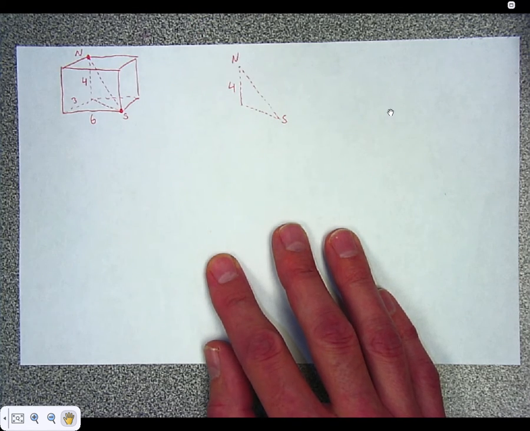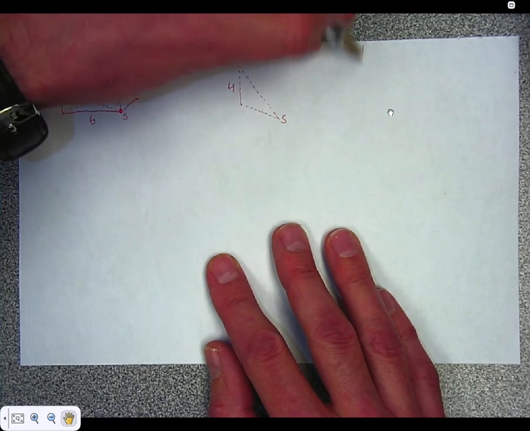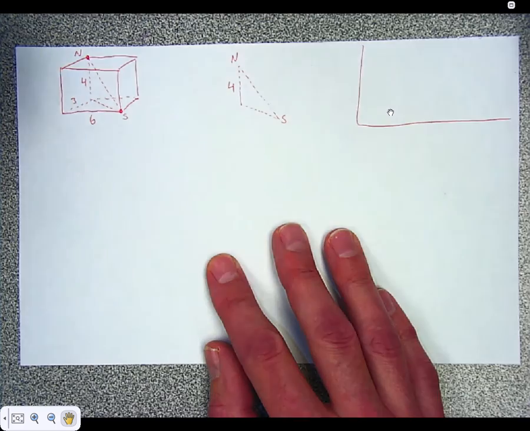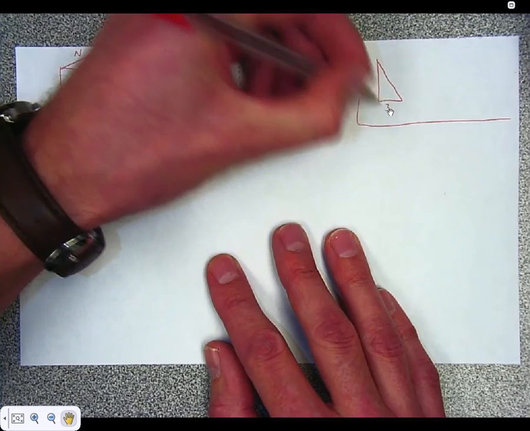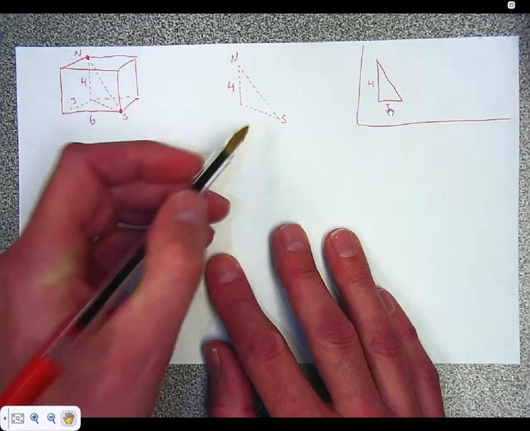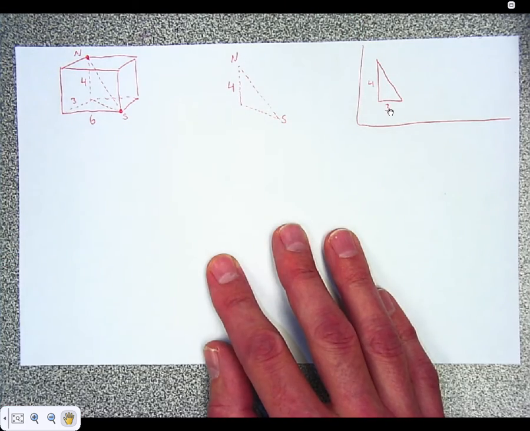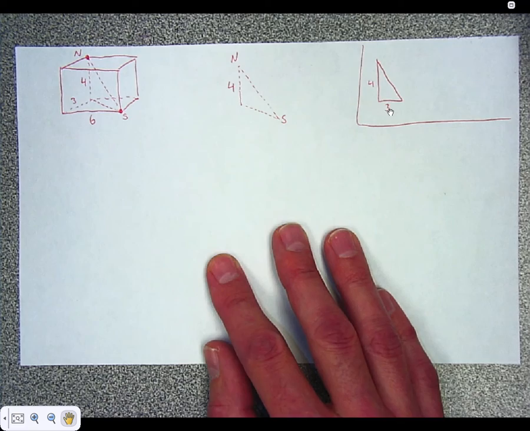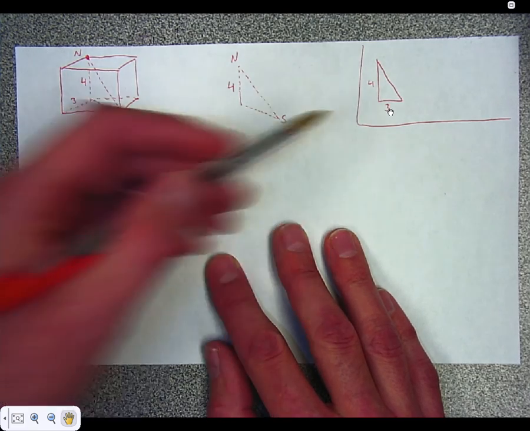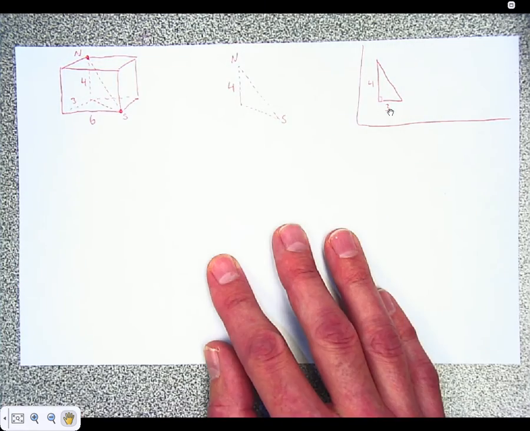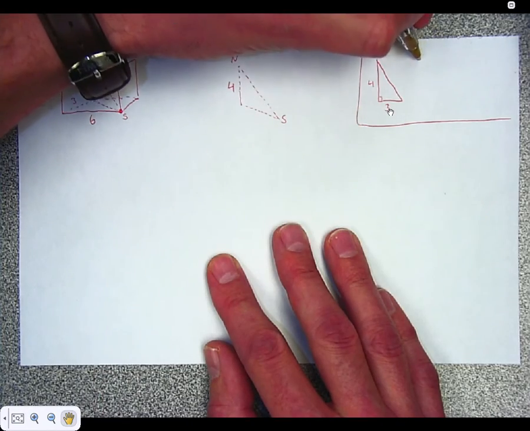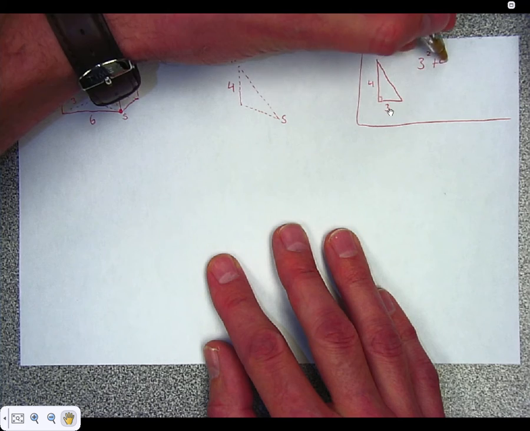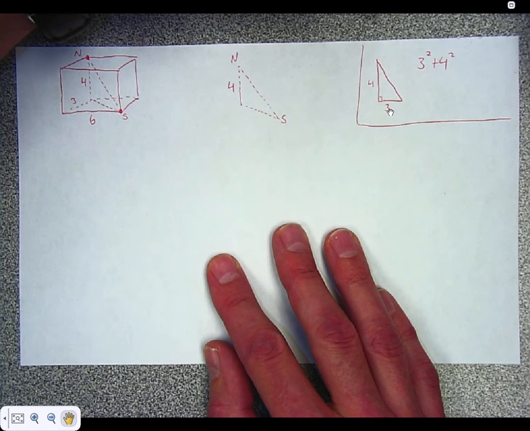And if we wanted to use the Pythagorean theorem, maybe I should remind you, this is kind of an aside over here, that the Pythagorean theorem says if you have a right triangle, we'll say this is 3 and that's 4. I'm just making this up. If that's 3 and that's 4, the Pythagorean theorem says that if we take the two legs of a right triangle, 3 and 4 in this case, and we square them, 3 squared plus 4 squared.